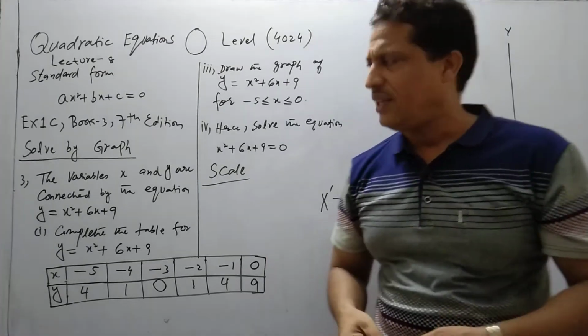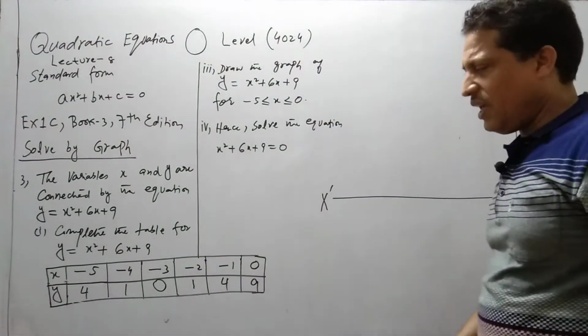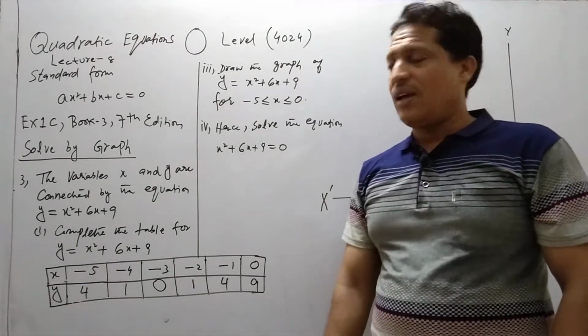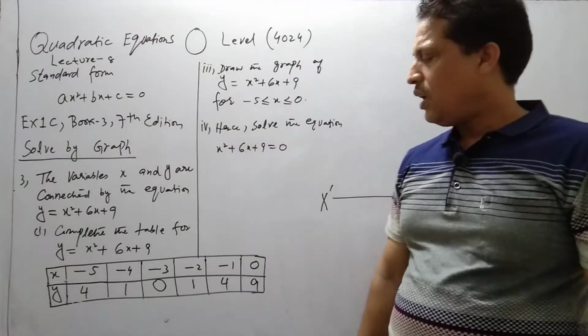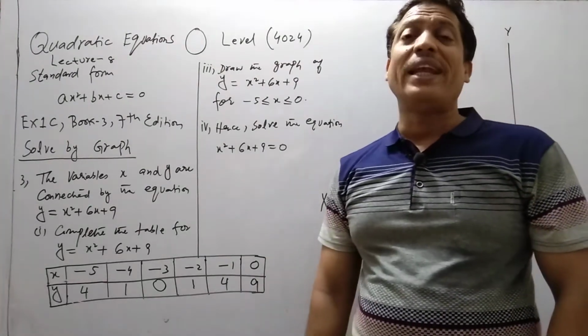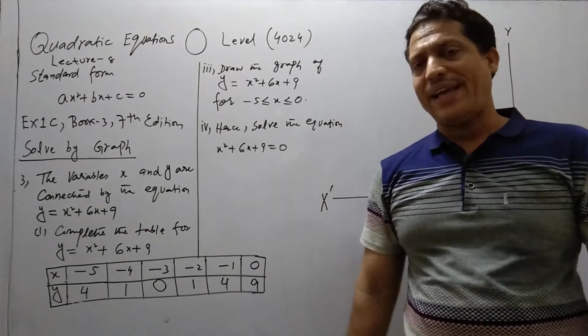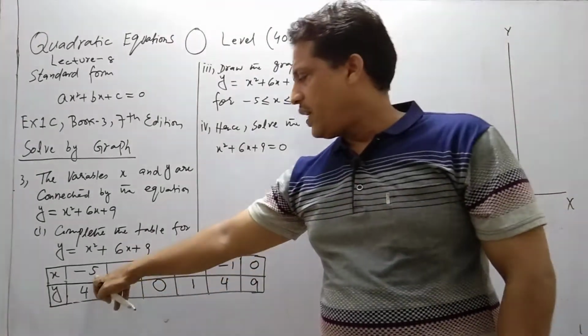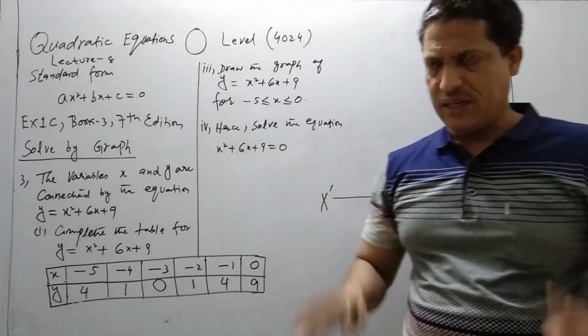What I am saying, see this. First you have to focus on the values of x only. How many negative values and how many positive values of x are given? There is no positive value of x given.